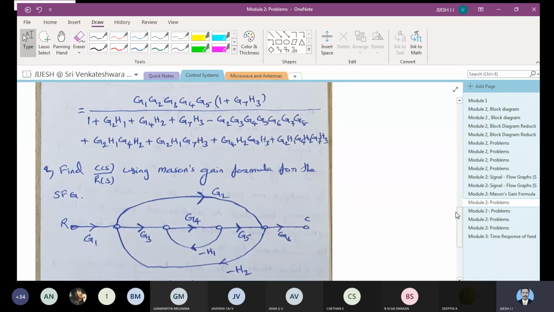Some of the students don't take it very seriously, they don't write G1, G2, G3, G4, and G5 properly. You will get an answer, but it will be different. When we do the correction, G1, G2, and all should be in the right places. Otherwise, you will not get the marks for that. Okay.